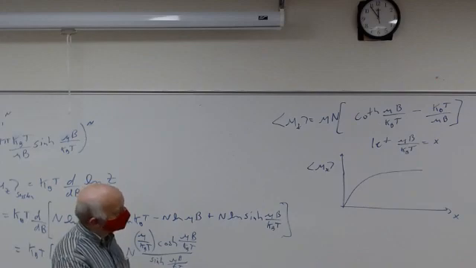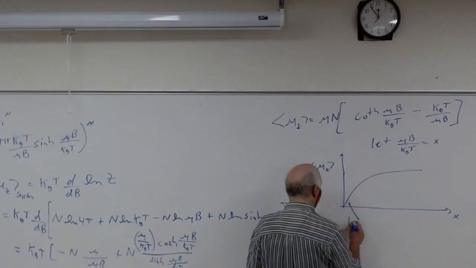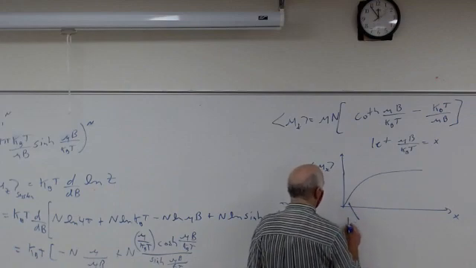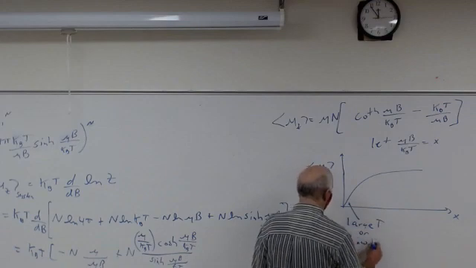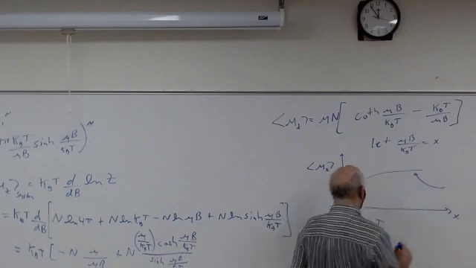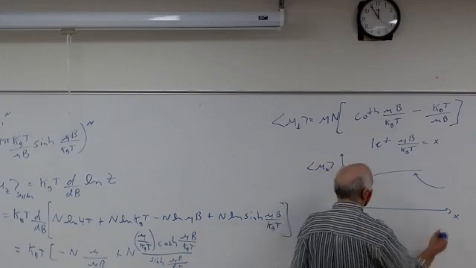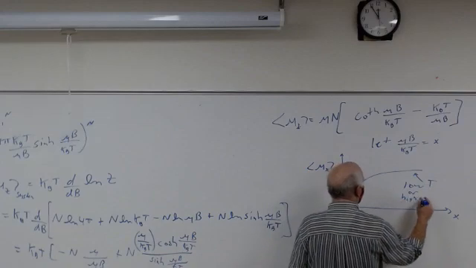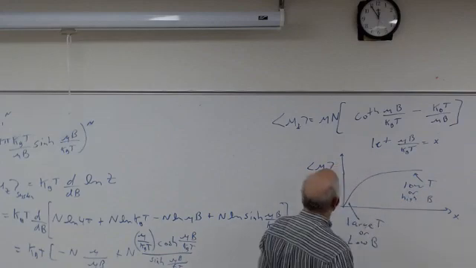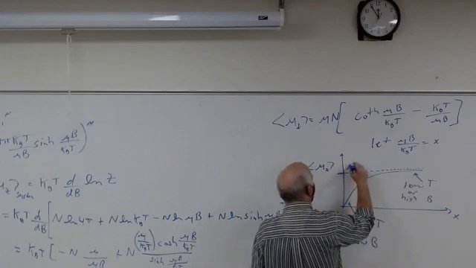That would be at low x. This region here is going to be large T, or low B. This region over here is going to be low T or high B. It turns out that this thing's actually going to flatten out. But this value right here, this is really neutral.